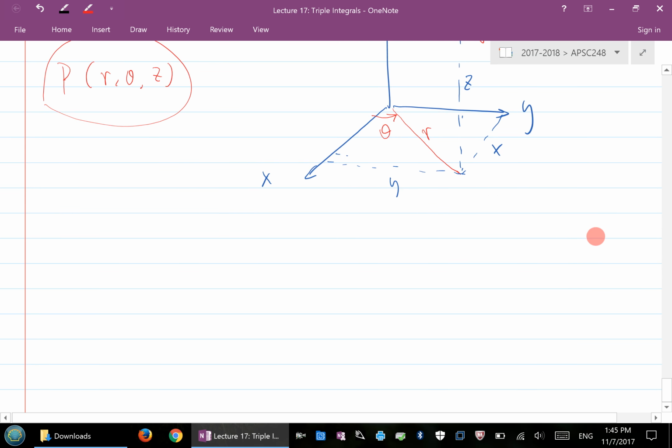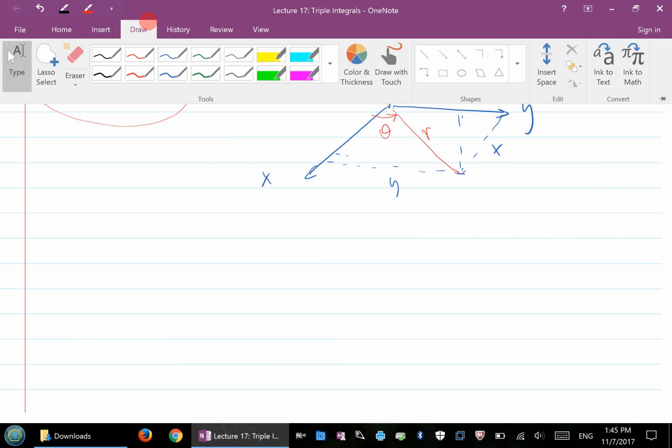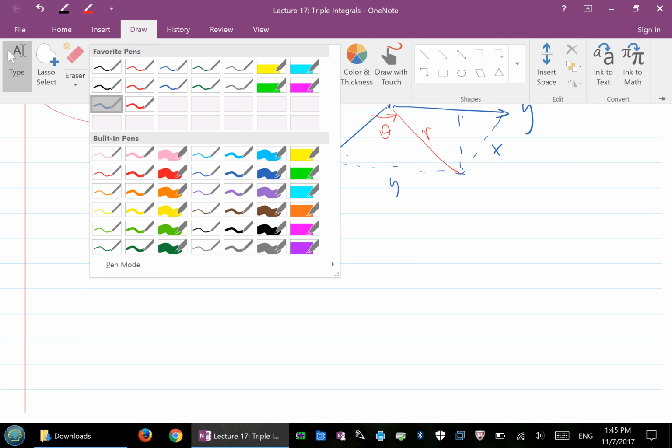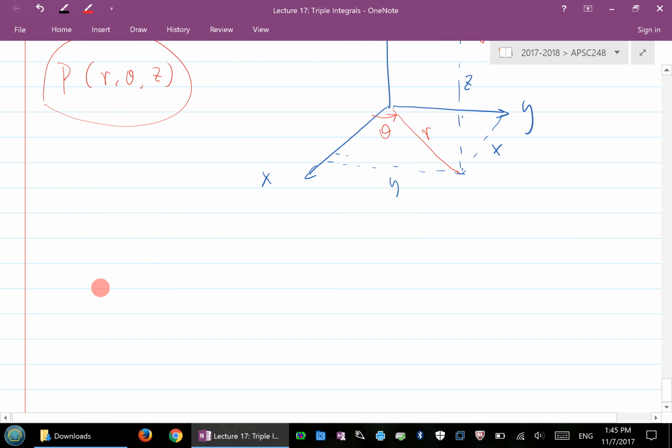Now, what's the connection between these two sets of coordinate systems? Looking at this one here, your x is equal to r times cosine theta, and y is equal to r times sine theta. And then your z, there's no change, so z is still z, right? This is the connection between the Cartesian coordinates and the cylindrical coordinates.